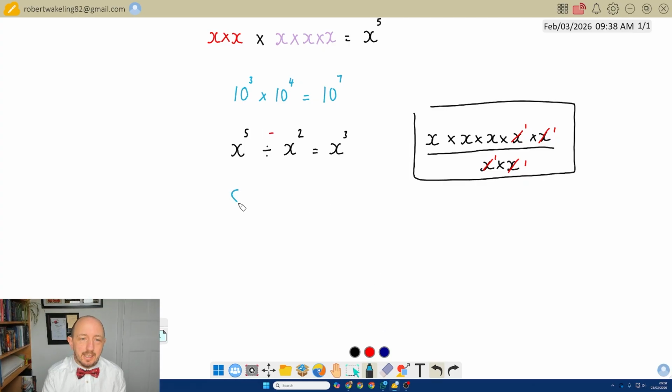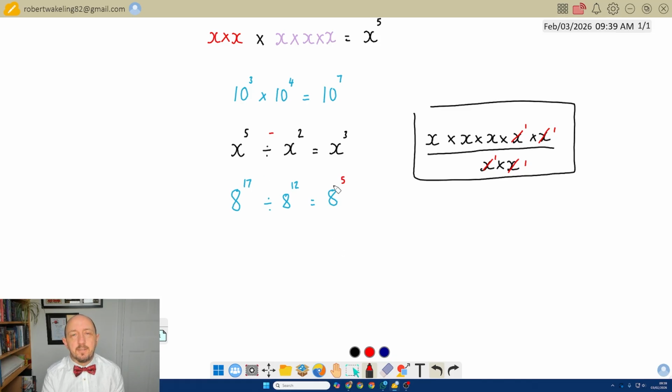So 8 to the power of 17 divided by 8 to the power of 12 is 8 to the power of 17 minus 12, which is just 5. A really complicated calculation to do otherwise, but when we have this rule, it becomes straightforward.